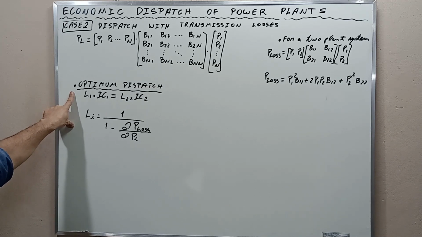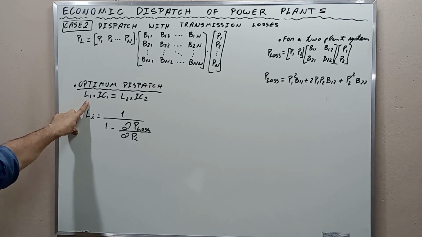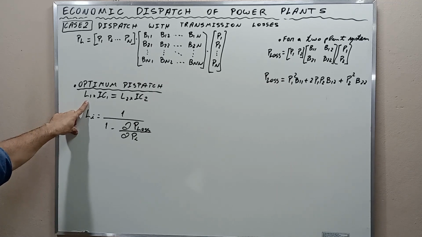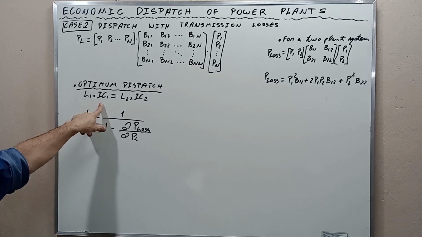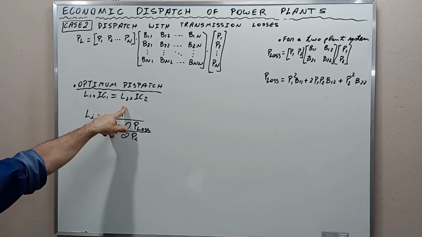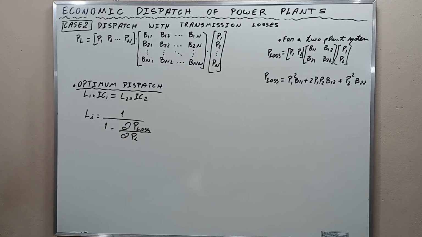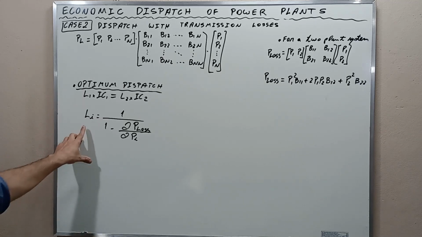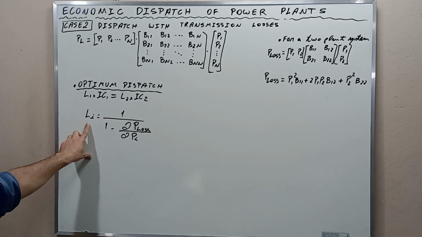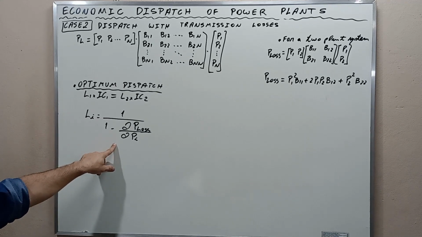For optimum dispatch, the penalty factor associated with power plant 1 times the incremental cost of operating power plant 1 has to be equal to the penalty factor associated with power plant 2 times the incremental cost of operating power plant 2, where the penalty factor is calculated by this expression here.